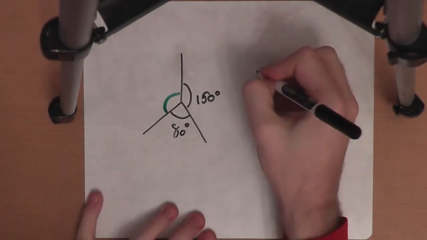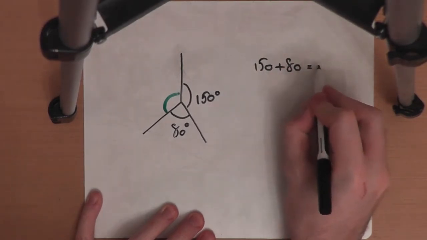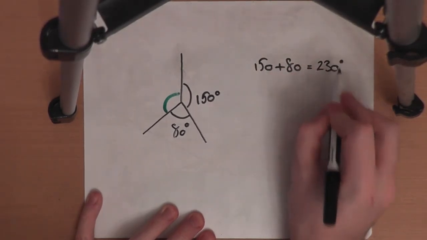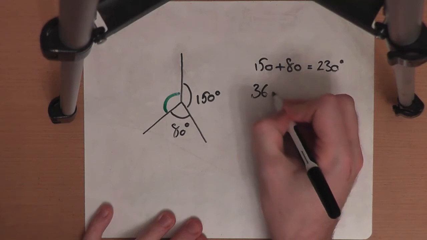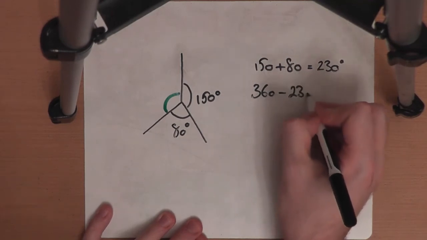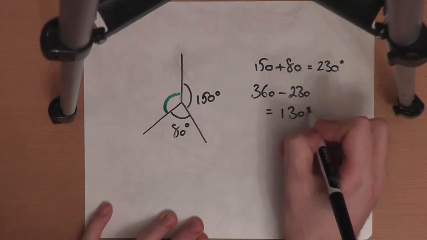Well, we have already got 150 plus 80 is 230 degrees out of the 360. So surely the green angle is just going to be 360 less the 230, leaving us with 130 degrees.